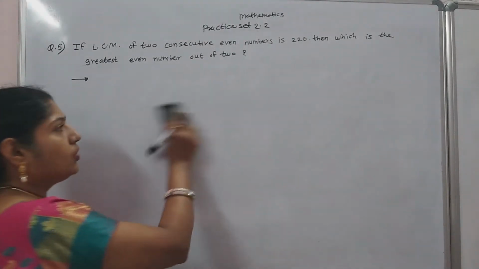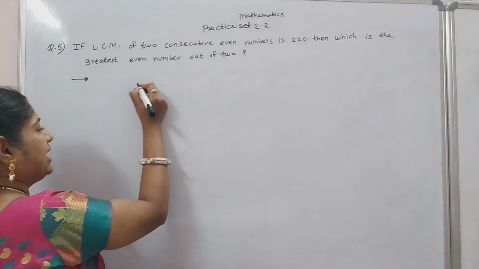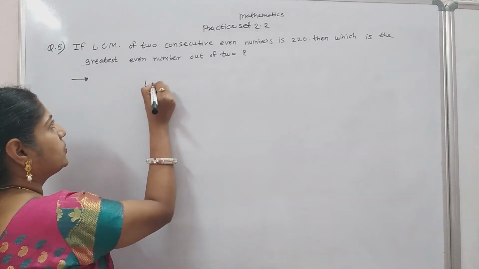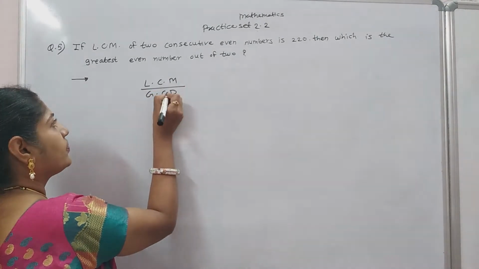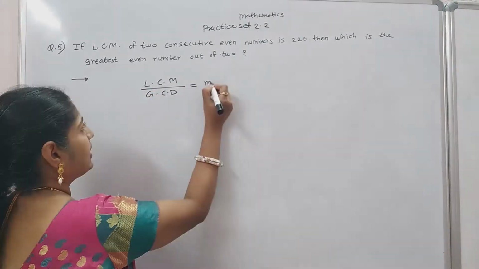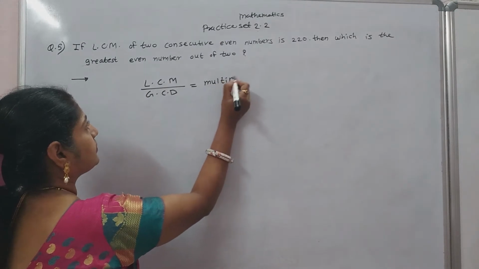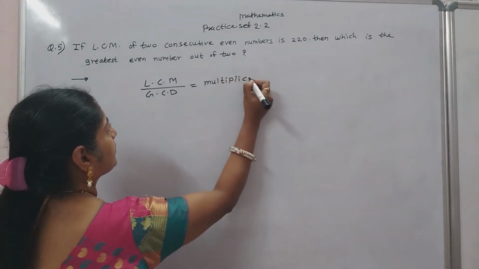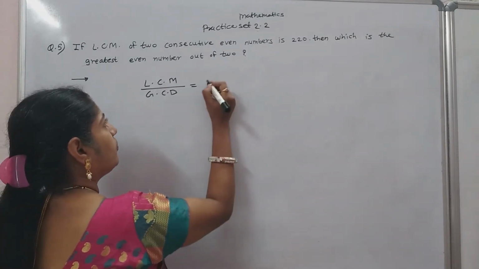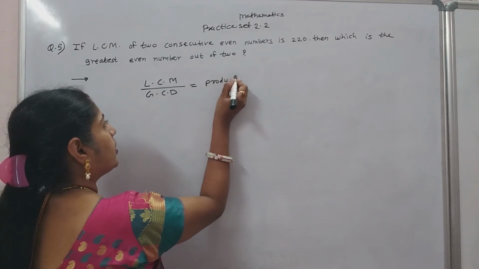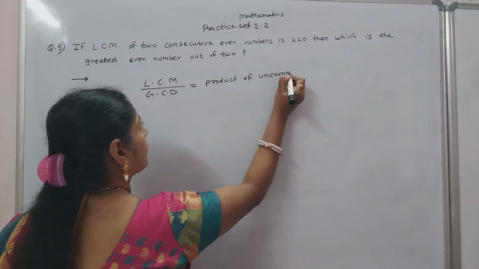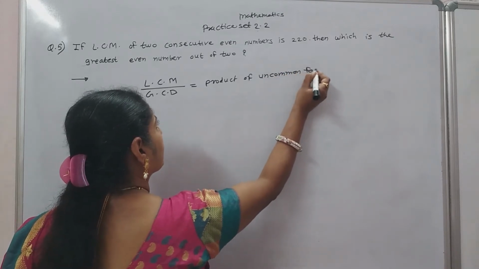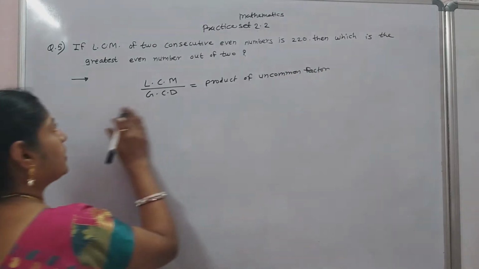Now we know the relation between LCM and GCD: LCM divided by GCD equals the product of uncommon factors.